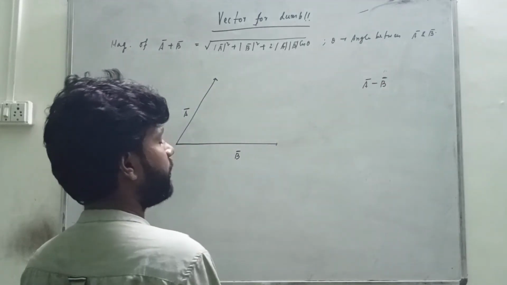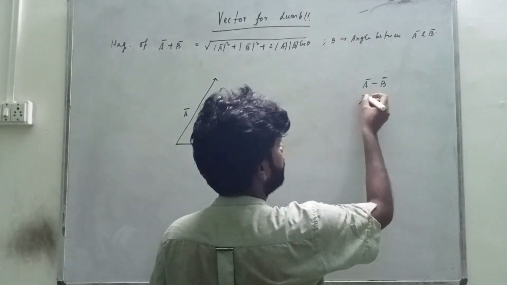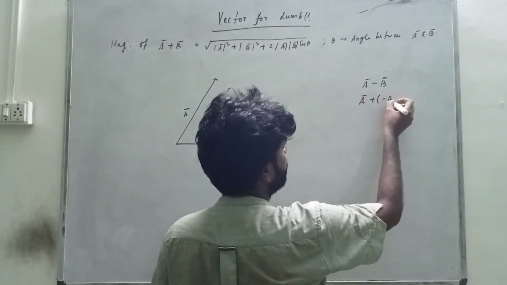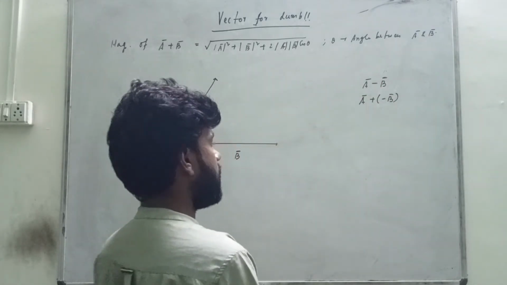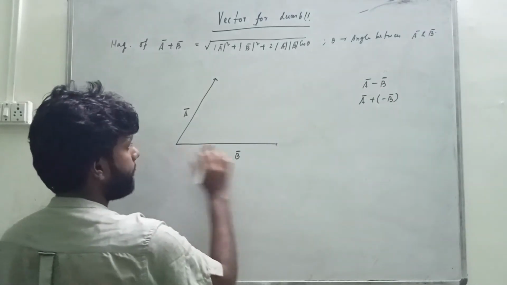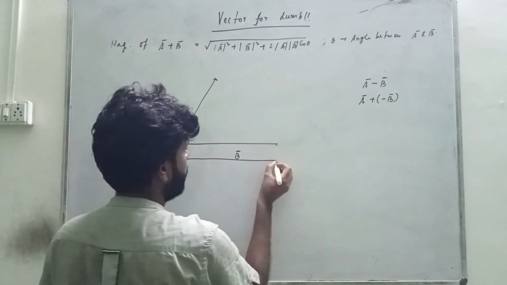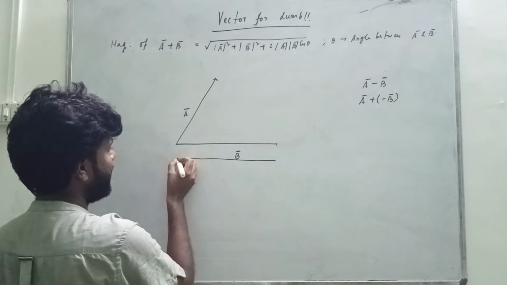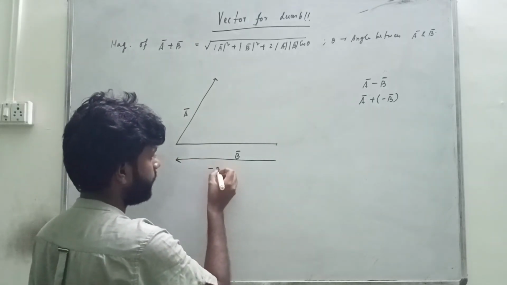So what will A minus B actually be? A minus B means actually A plus minus B. All of you know this, because plus minus means minus. And if it is B, all of you know what the minus B will be. The length will be the same, but the direction is just opposite. So it is minus B.